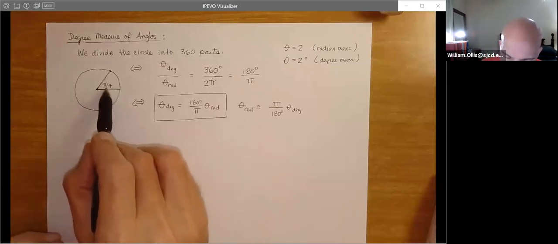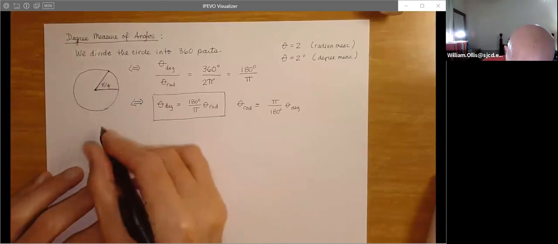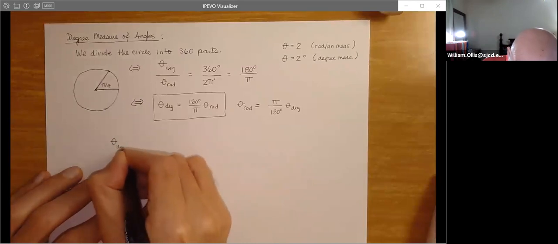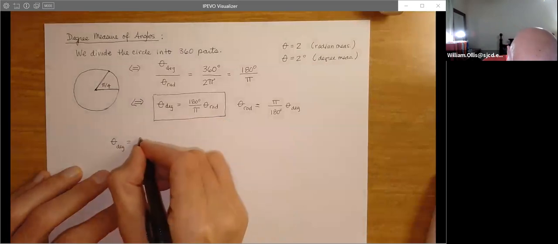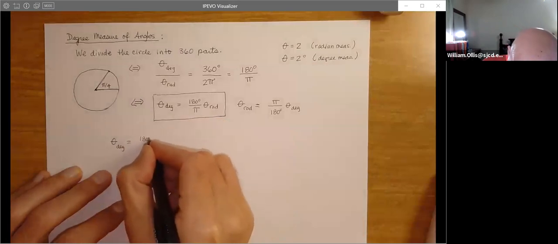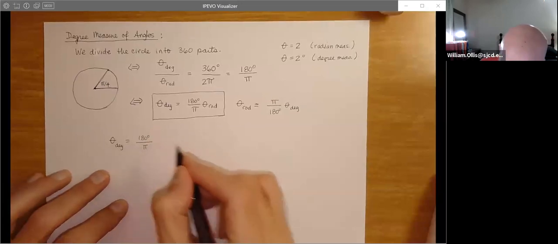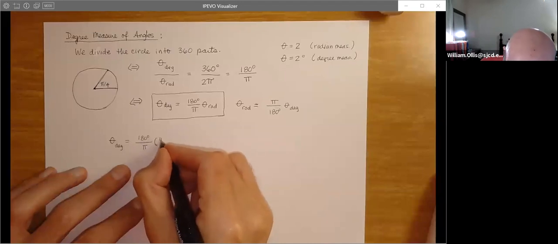But let's just look here and just say, okay, we've got pi over 4. We know what it is. We know it's 45 degrees, but let's just prove that. So now we can say theta in degrees and use our conversion factor. So this will be 180 degrees over pi radians. And so here we've got pi over 4.